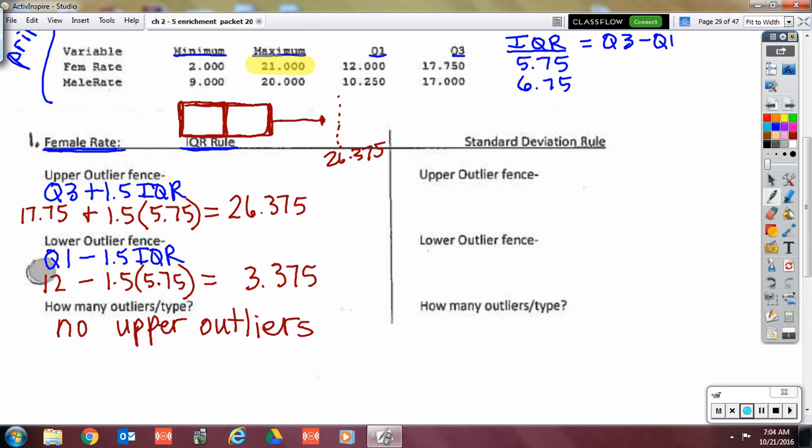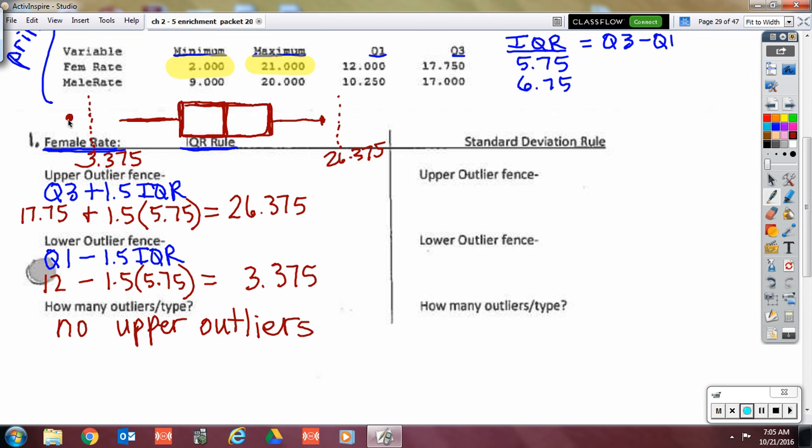Now we do that same thing for the lower fence. So we know we'll have our information out here, and then we've got ourselves a fence down here at 3.375. So what value do you think we're going to look at to determine if there's a lower outlier? We're going to look at that minimum value. That minimum value is 2. So what do you have to say about that minimum value of 2? It is lower than the lower fence.